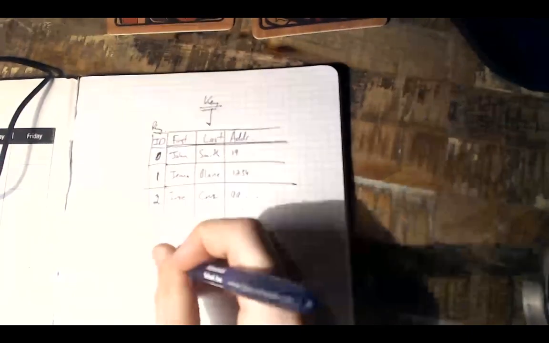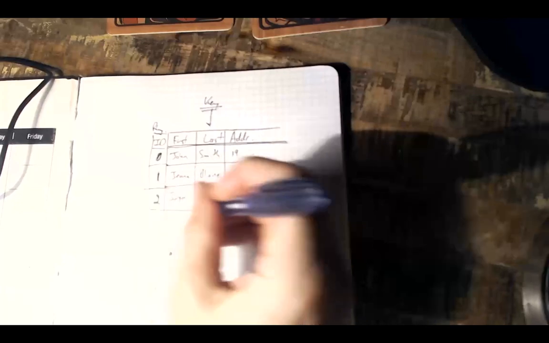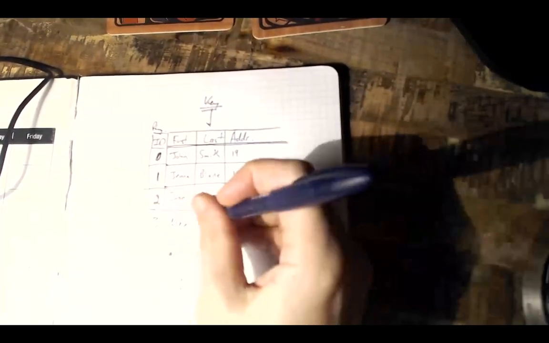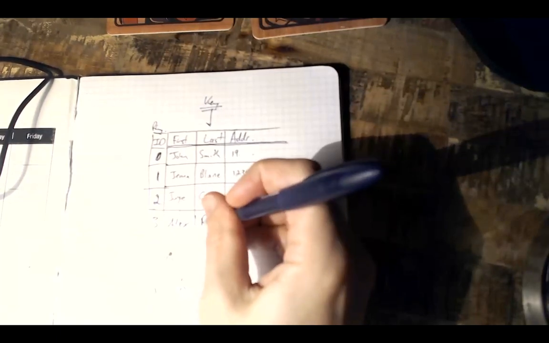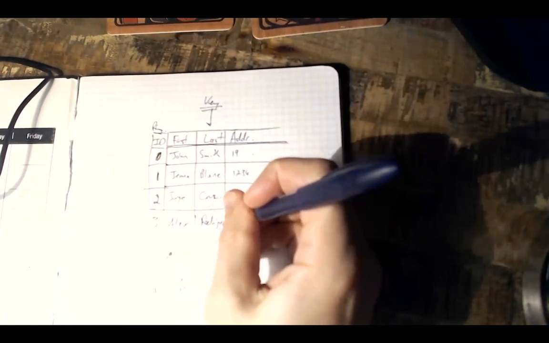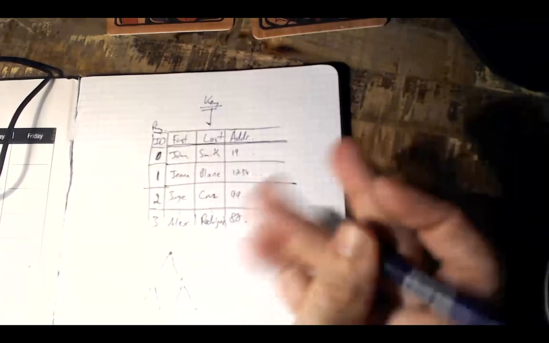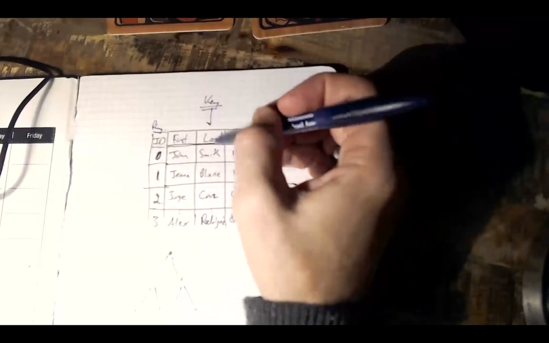You guys are all familiar with binary trees by now. So let me add a third person here, Alex Rodriguez, and he lives at 88 something something something, right? So I'm adding my key here, and I have Smith, Blaine, Cruz, and Rodriguez.